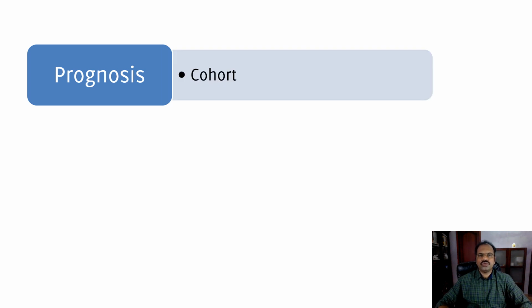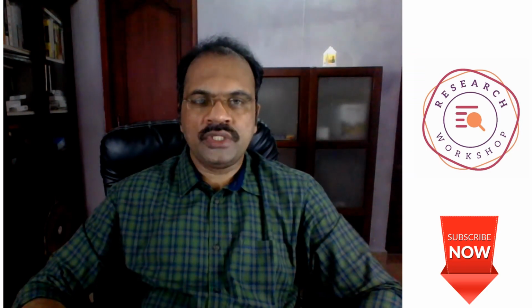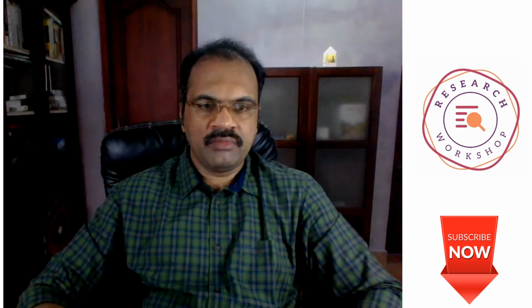Now, if the authors had wanted to assess the prognosis of a particular condition, then the design they should have used is again a cohort design, as we saw already. For example, here is a study, a cohort study of the prevalence and impact of comorbid medical conditions in pediatric bipolar disorder. In a study like this, the authors again already have a cohort, they have two groups of children with pediatric bipolar disorder.